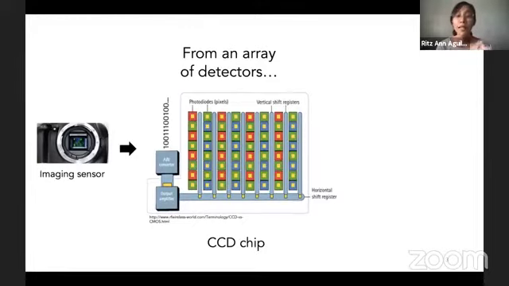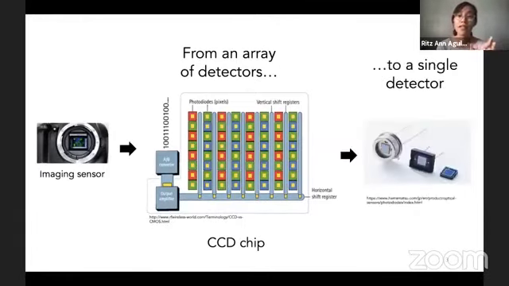Now, what if we take just a single unit, a single photo detector unit from these millions of photo detectors, and then we use this single pixel detector or this photo detector unit to image something? And how will that work when you only have one detector out of millions of detectors?